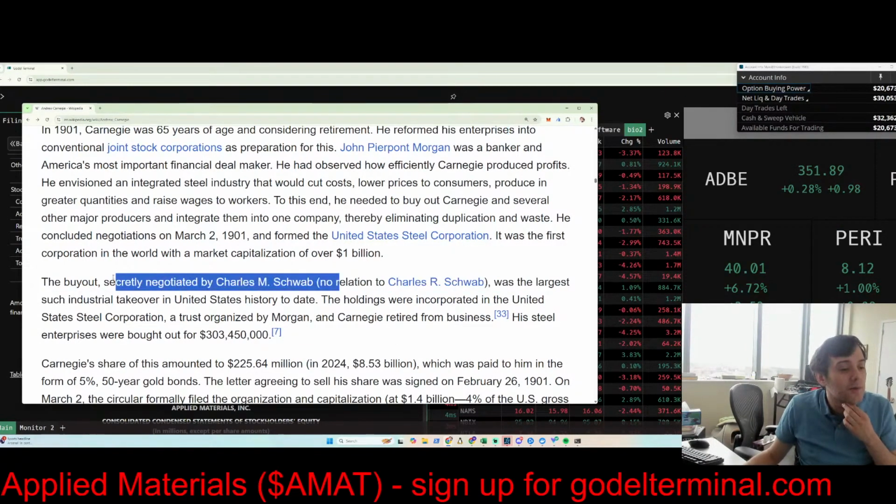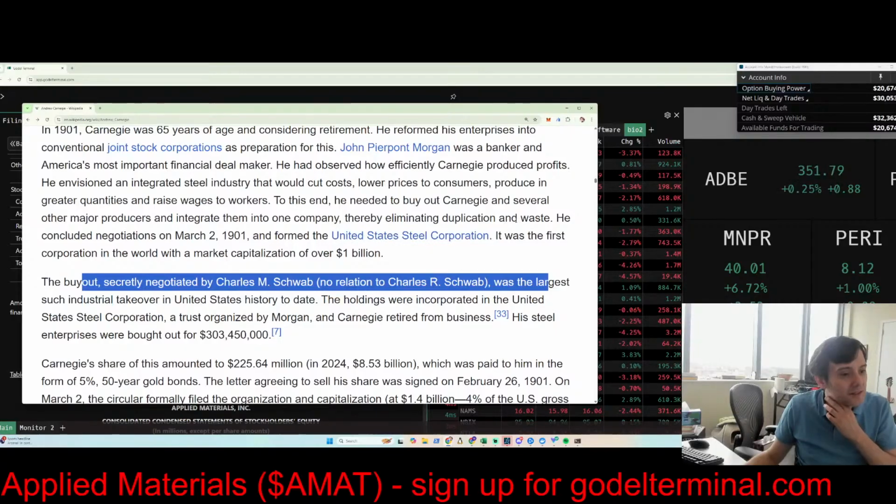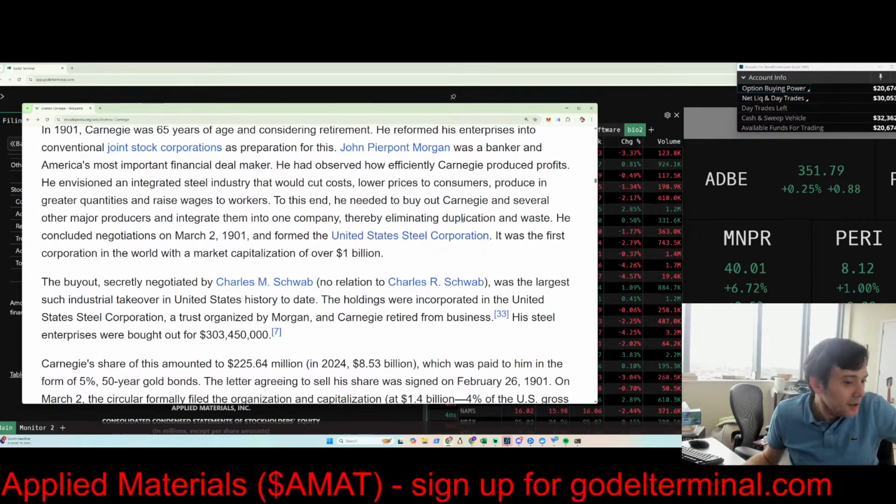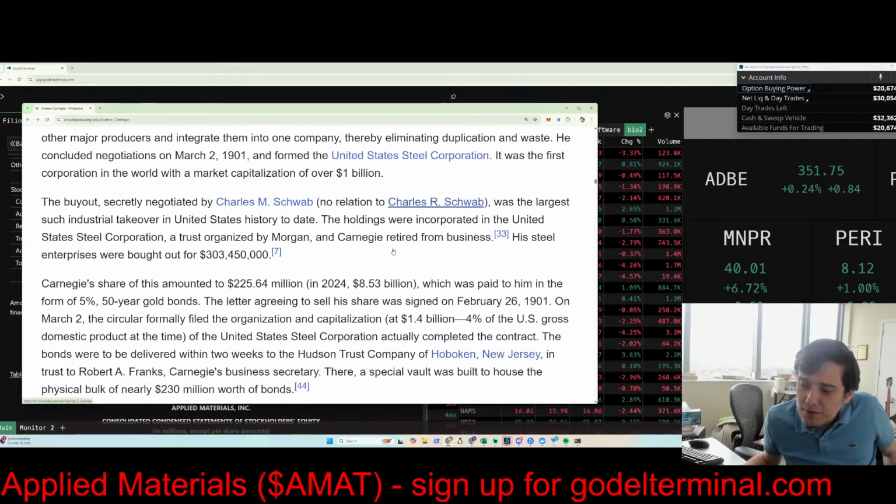Charles M. Schwab, no relation to Charles R. Schwab. They created a company called U.S. Steel, the first company ever with a 1 billion market cap.